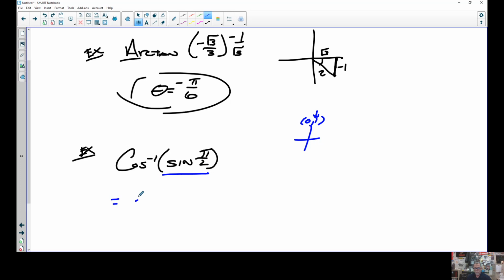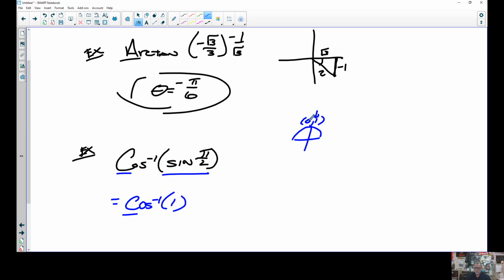So this would be equal to cosine inverse, again principal value, of 1. So what is the cosine of this angle? Because it's really saying sine of pi over 2, and now what's the angle whose cosine is 1? The angle whose cosine is 1 in this interval, remember we're using this interval, would be this one here.